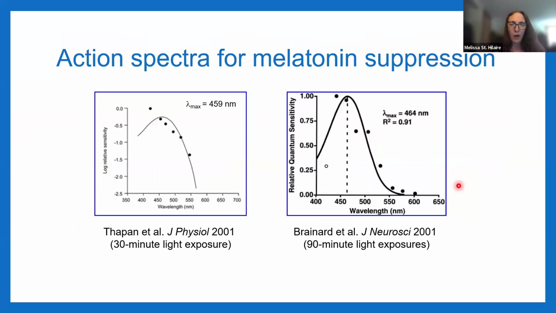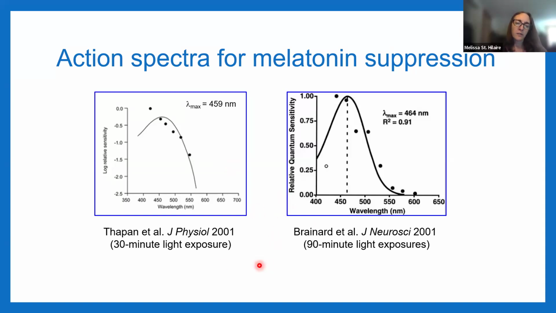So I want to bring our attention now to how we determine where the sensitivity of the system is in terms of wavelength. Early on, these two action spectra for melatonin suppression were published within just a few weeks of each other.